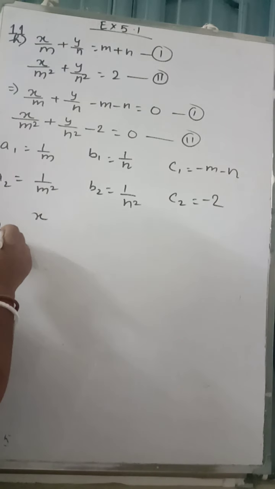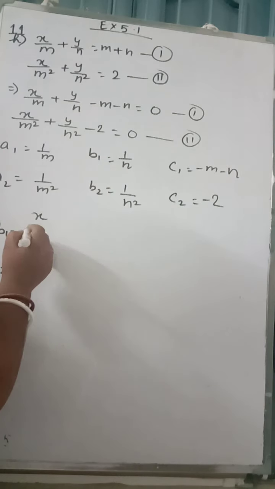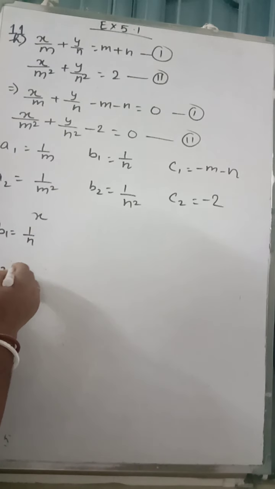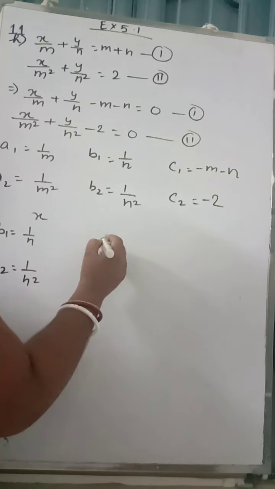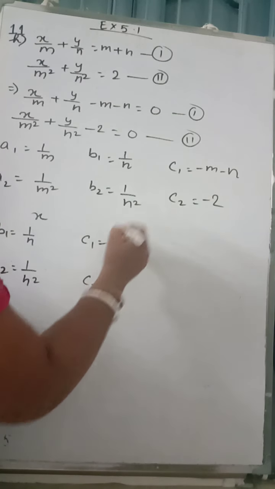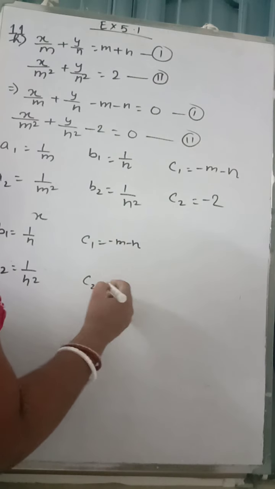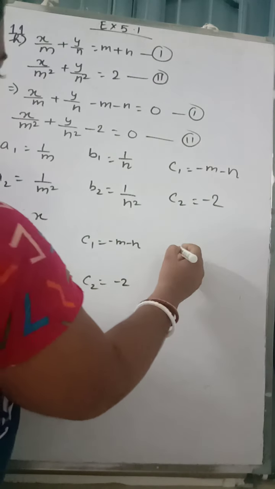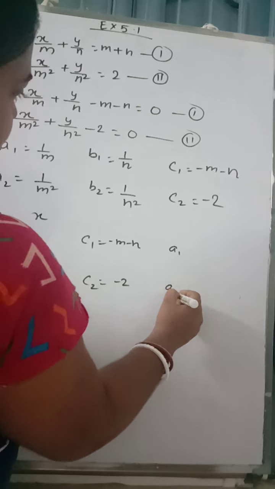For that we have to arrange it. X by b1, b2. Now b1's value is 1 by n, b2's value is 1 by n square, then c1, c2. c1 is minus m minus n, c2 is minus 2, then a1, a2.